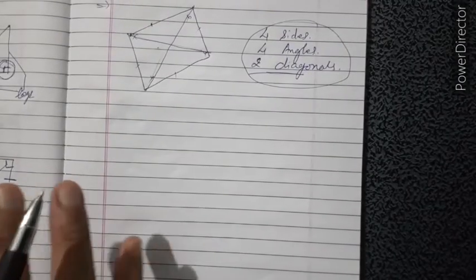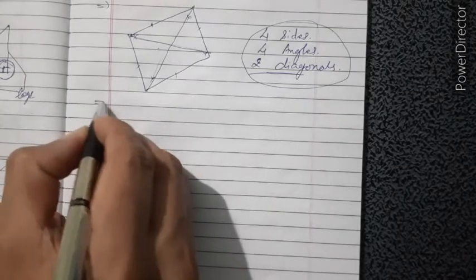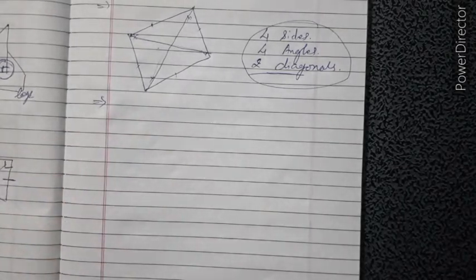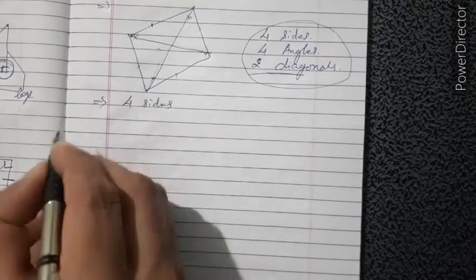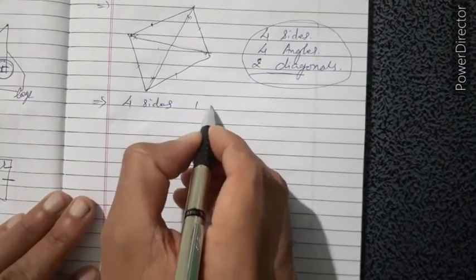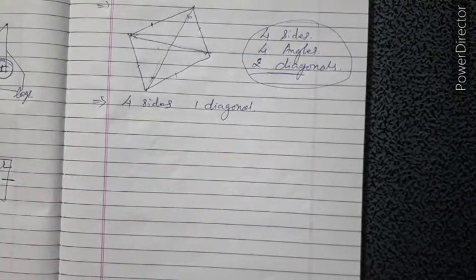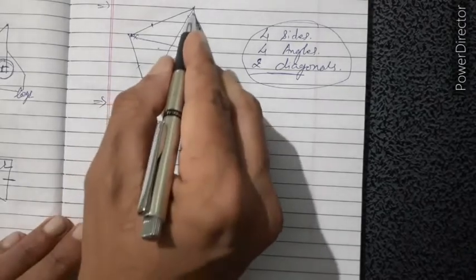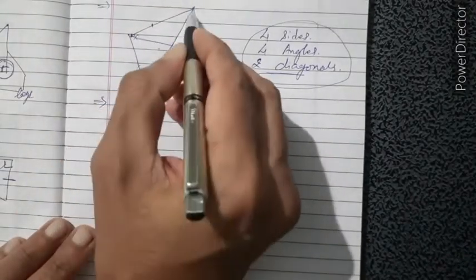And an introduction, how to construct a quadrilateral. First one, construct a quadrilateral when the measurement of 4 sides and 1 diagonal is given. Look, here a quadrilateral is there, and suppose this one is the diagonal whose measurement is given.